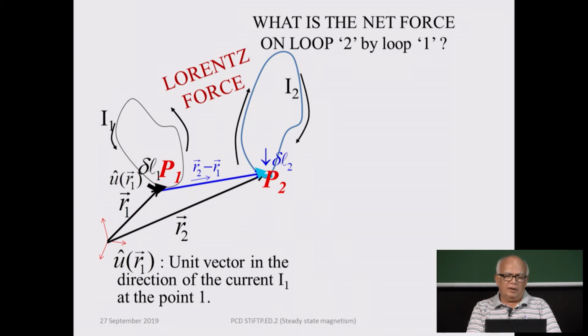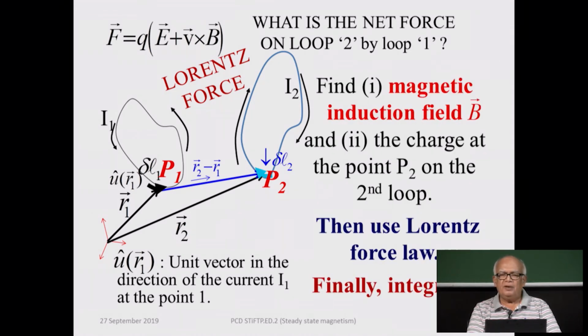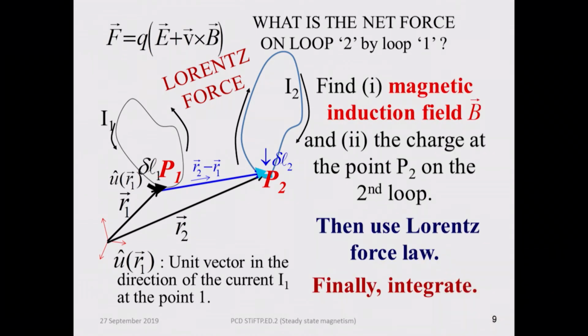You just set up a frame of reference. So, you have a source point R1 and a field point R2, all right. You know the Lorentz force law, which is Q into E plus V cross B. So, you must find the magnetic induction field at the point P2, for which you will use the Biot-Savart law, all right.